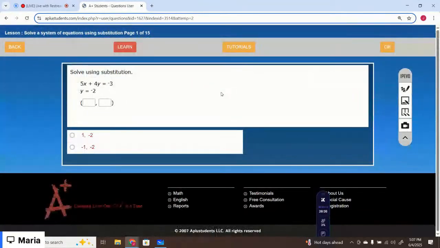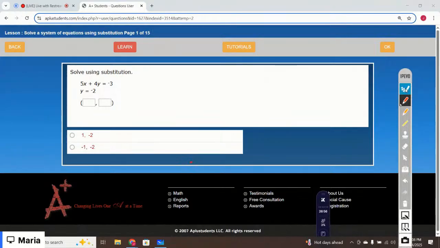In the substitution method, you need to isolate a variable and substitute its value in the other equation, right? So look at the equations: 5x plus 4y equals negative 3, and y equals negative 2.